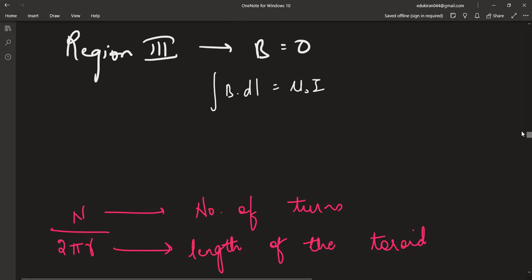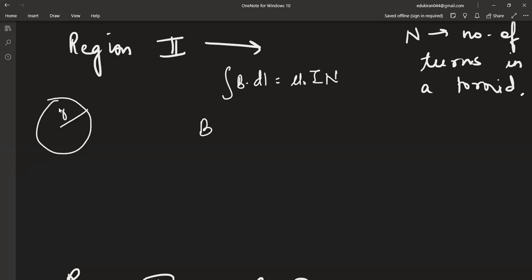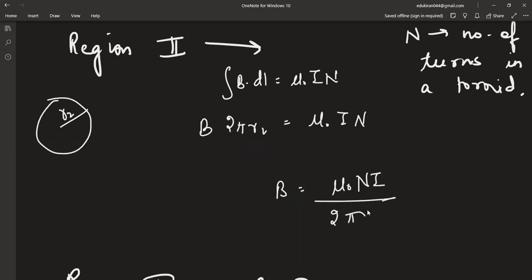In region 2, we will integrate properly. Integral of B dl is equal to mu naught I, and we also multiply by the number of turns, n. The integral of dl for a circle of radius r2 becomes 2 pi r2, equal to mu naught n I. So B becomes mu naught n I divided by 2 pi r2.